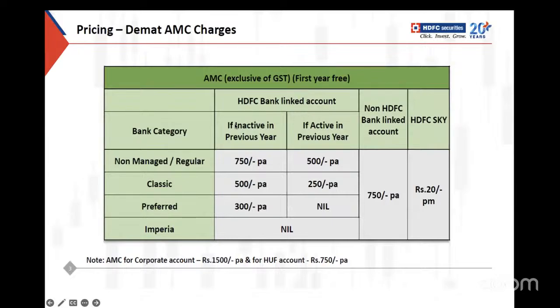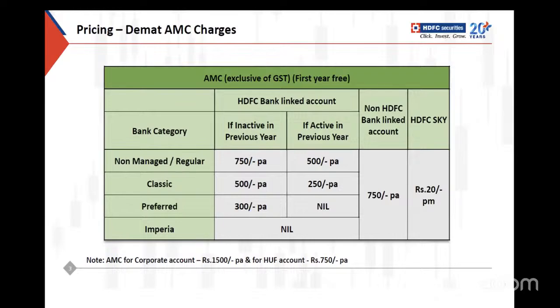All right, let's start with the pricing first. Now I believe that everybody has opened the account very recently, and these are the charges which look like this. If you have an HDFC Bank linked account, we are talking about the AMC charges. For the first year, AMC is absolutely free, but after that there are AMC charges applicable.